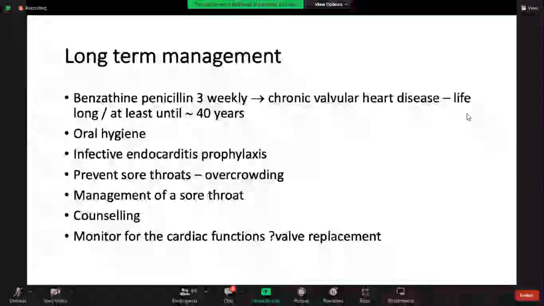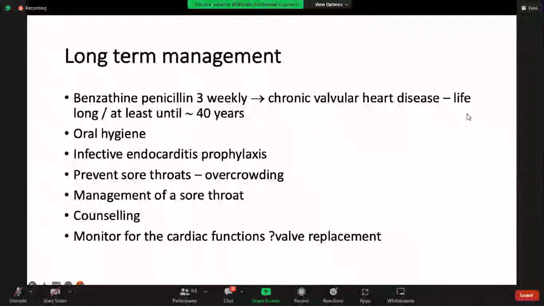Later, they might need valve replacement, so they need regular monitoring. So it's mandatory for you to learn about rheumatic heart disease management. Just refer to the American Heart Association rheumatic carditis guidelines.